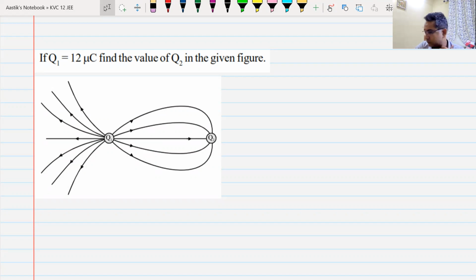Less than 12 microcoulombs and with the negative charge. You have to give the exact value. It's not asking whether it is less or more. They want the answer, my dear friends. I hope you understand the severity of the problem. They're asking you an exact value. How do I give you the value?